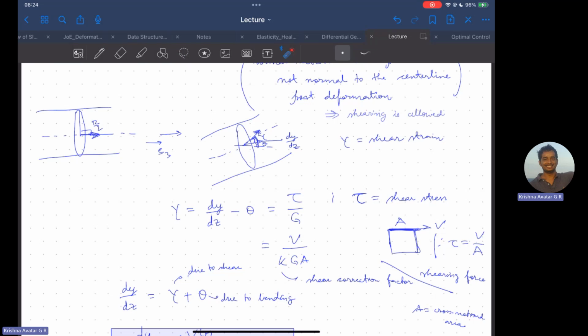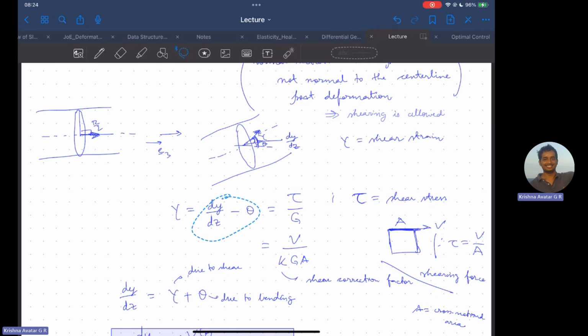However, we have a new quantity called theta. Theta is the angle made by the normal to the cross section with respect to the z axis, right?